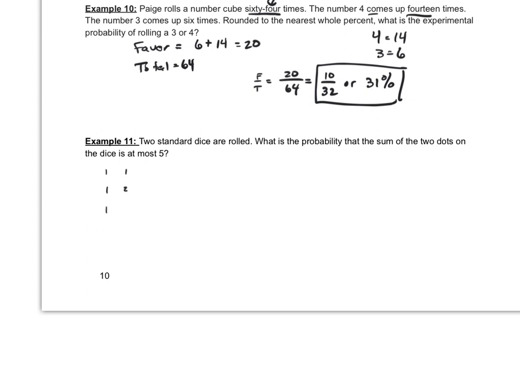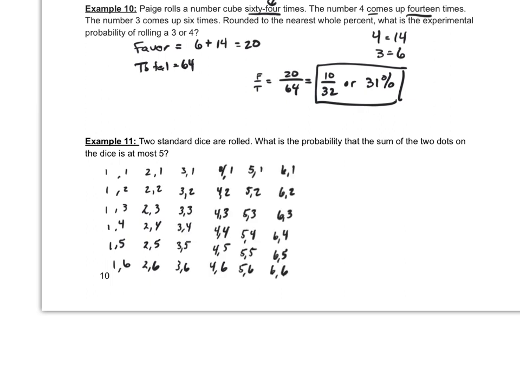We could roll a 1 and a 3. We could roll a 1 and a 4. We could roll a 1 and a 5 and a 1 and a 6, right? These are the possible combinations. Then we could roll a 2 and a 1. We could roll a 2 and a 2. We could roll a 2 and a 3, and so on as we continue to roll our possible combinations. And I'm going to fill these in real quick. Okay, so these are the possible rolling combinations if I roll two dice.